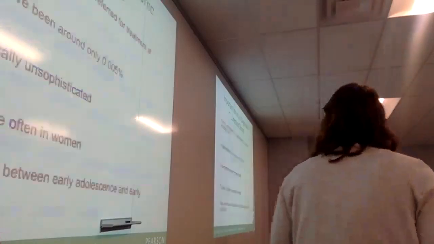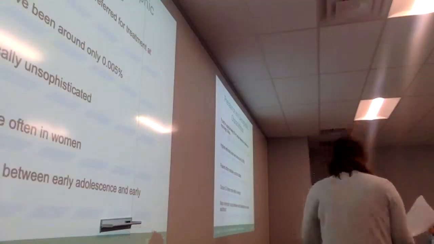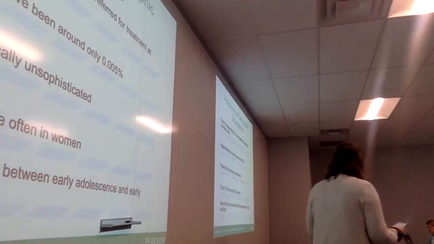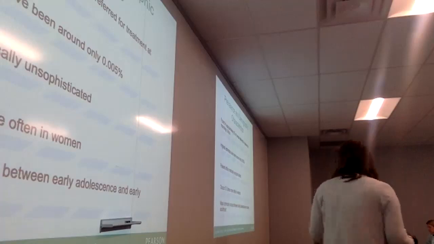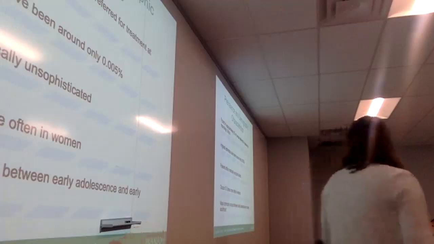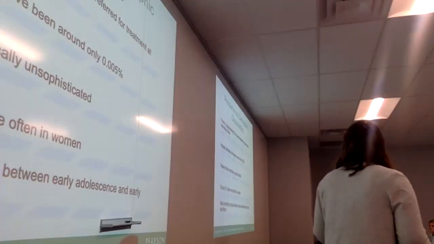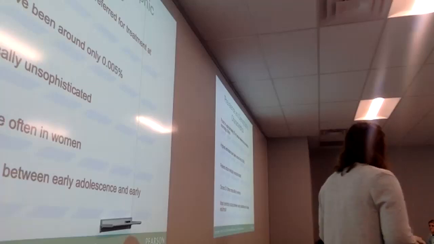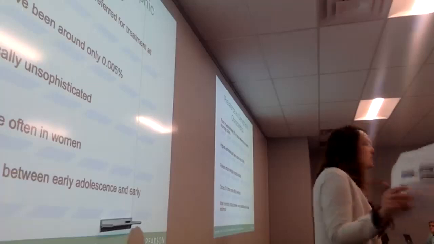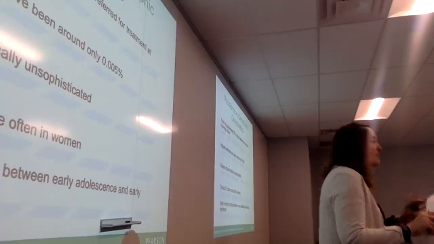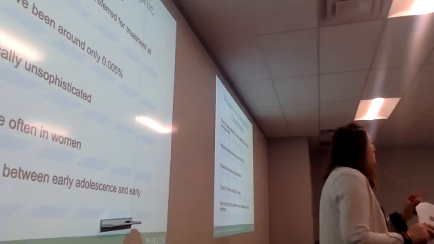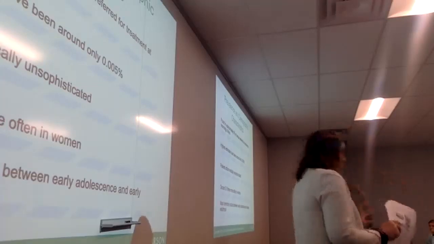Oh, we're good. Okay. You can see that this is only found in 5% of people referred for treatment at neurology clinics. So it's not 5% of the population, that's far from it. It's only 5% of people who even go to neurology clinics.